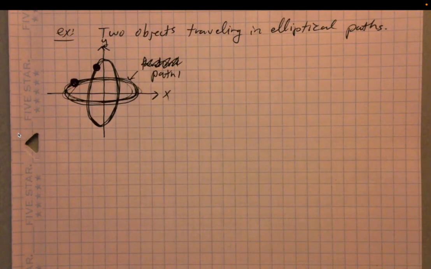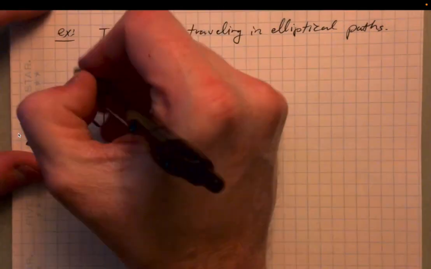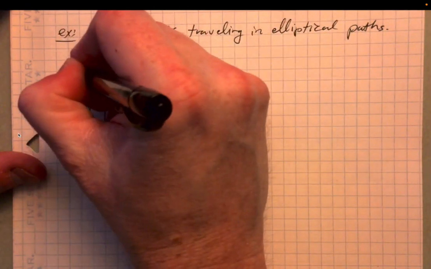What we want to do is identify at what rate the distance between the two objects is changing for any value of t. Right, so you're going to have a certain distance here.